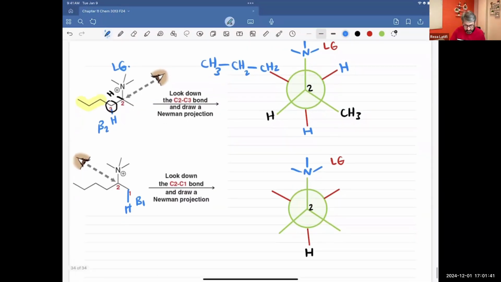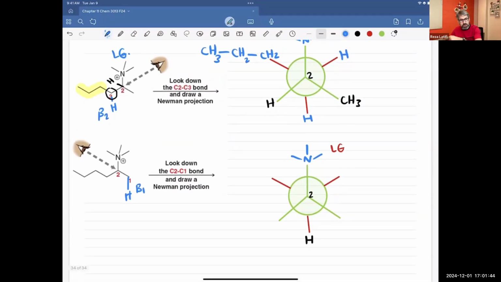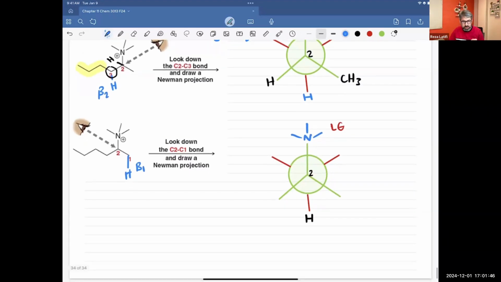That's one case. Now, if we look from carbon number 2 to carbon number 1, the front one will be carbon number 2. On carbon number 2, again we have a hydrogen and a leaving group. The hydrogen on carbon number 2, I'm going to put, for example, here. What else do we have?